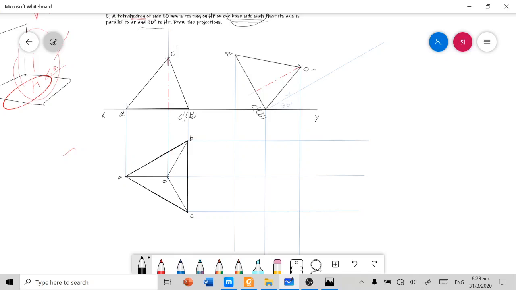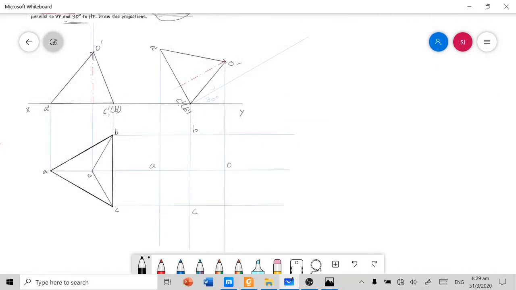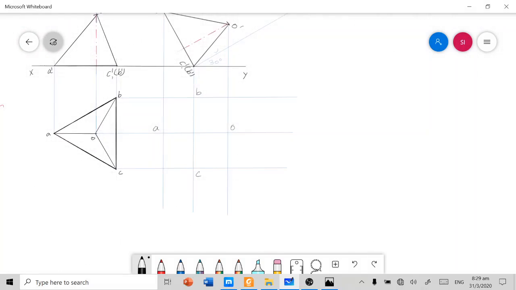Now obtain the cut points, starting from A and B, C and finally O. So as per our regular rule, we can complete the connecting of all the corners in the base as well as in the top.